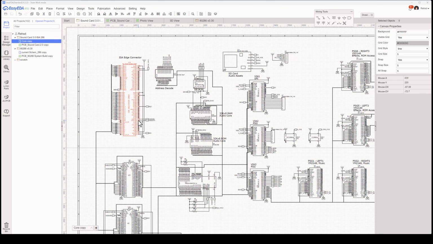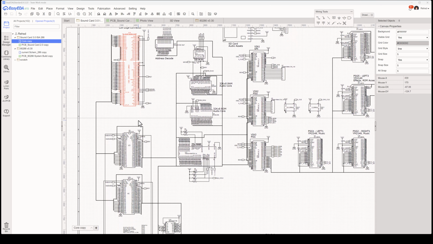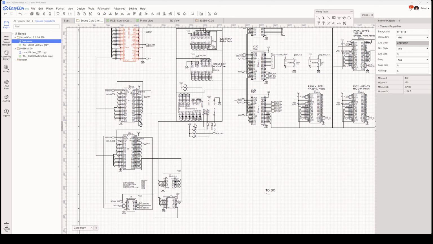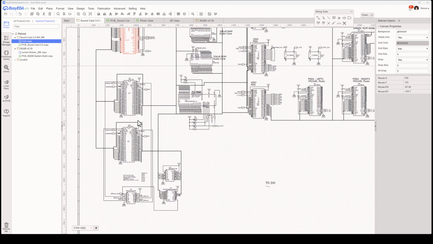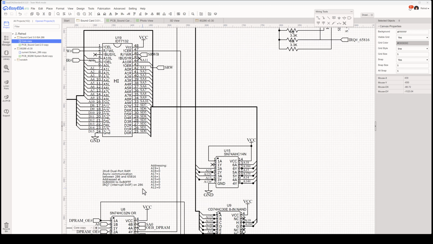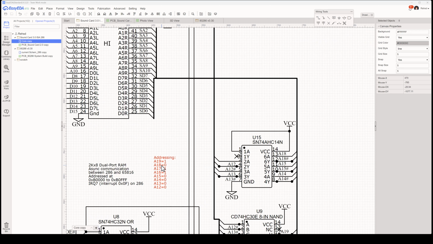But then if I scroll down and take a look, I now have a pair of these static RAMs. This is dual port static RAM. Each is 2K. And along with that, I've added in appropriate decode logic. Essentially, I'm coming in and looking for this logic here. I need to look for address lines 19 down to 12, and they need to match this pattern here.